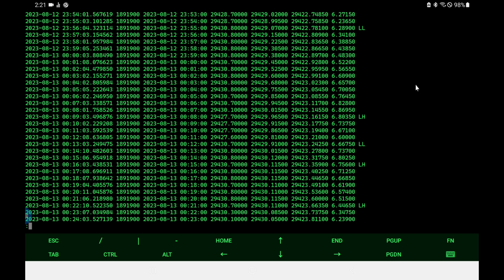So now we have a long low pattern. That is, price is above the 200 period moving average and the 20 period moving average is above the 200 period moving average.